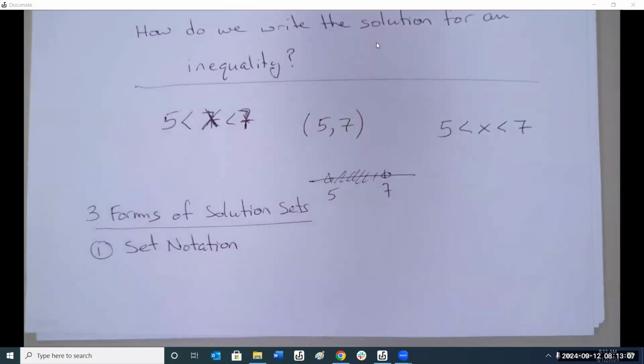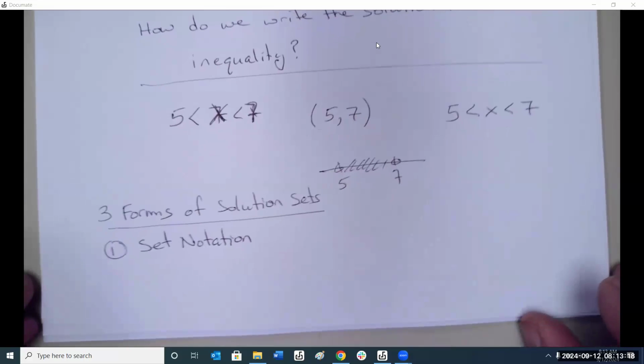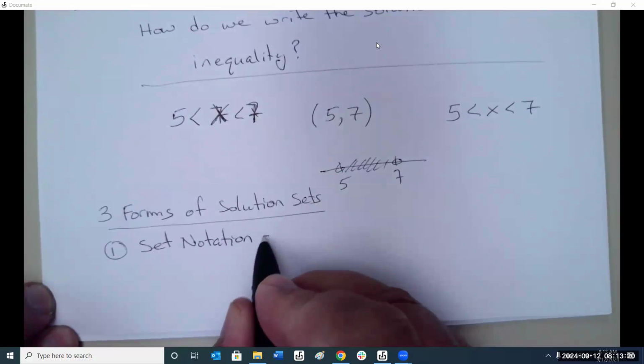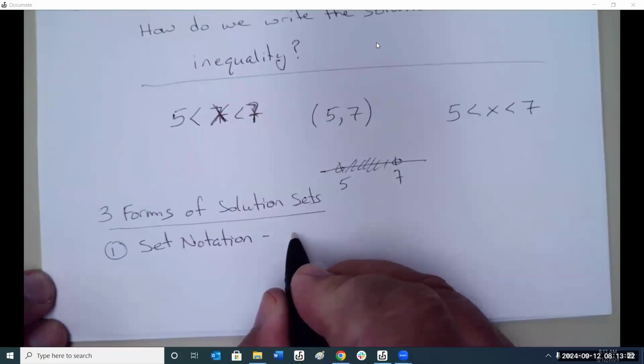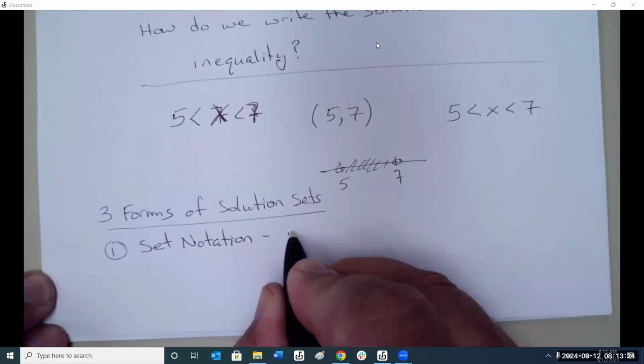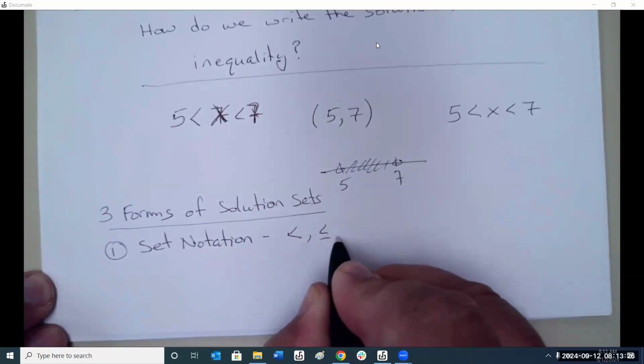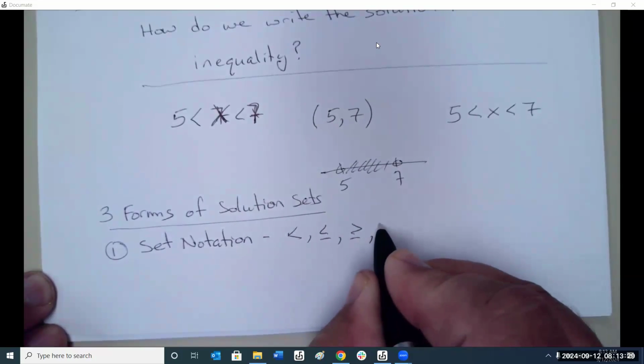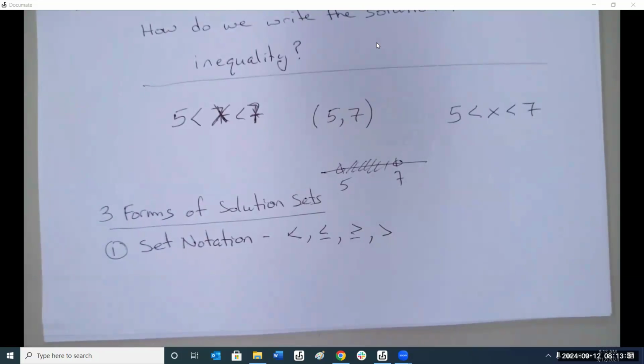It's said by a lot of professors in universities that students, before they take the first math class, should take a logic class. And then you can start relating to what it all means. So set notation. Those are when you have these inequality symbols. What is the set of possible outcomes?